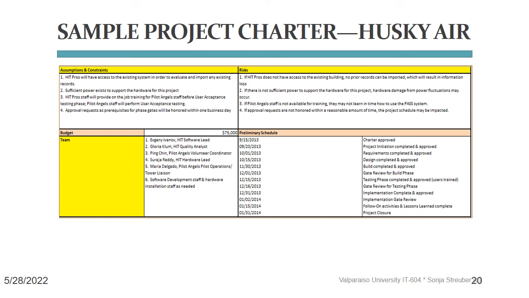So these dates also are, I don't want to say approximate. You should hit those dates, especially if they're at the end of a month, as you're seeing here for the preliminary schedule, January 31st, 2014. However, these can also be extended based on what happens during the project progress.